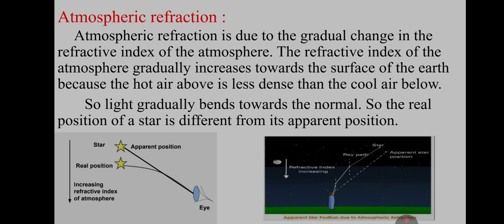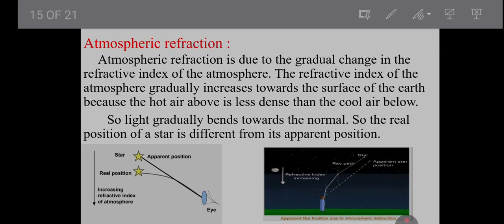And towards the earth surface, the air is cool air, which is denser. So whatever is in the upper atmosphere is the rarer medium, and whatever is towards the earth is called the denser medium. When a ray of light comes from a rarer to a denser medium, it bends towards the normal. That's why the light gradually bends towards the normal. And so the real position of the star is different from its apparent position.